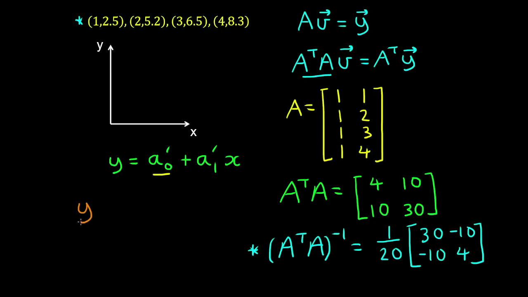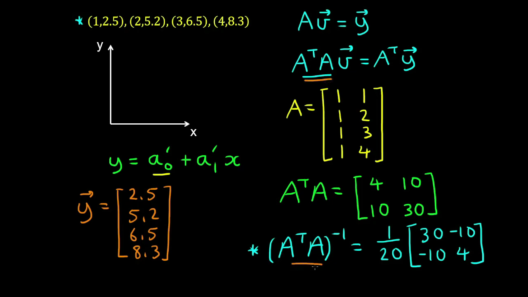And noting that our y vector is just a vector of y values, so 2.5, 5.2, 6.5 and 8.3. We can solve this equation. So we have the inverse, which we multiply by A transpose by y to obtain v.